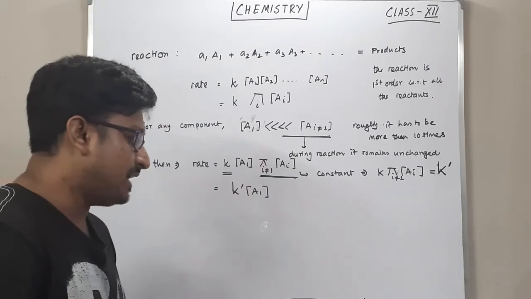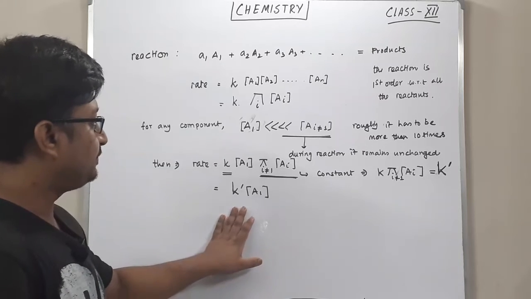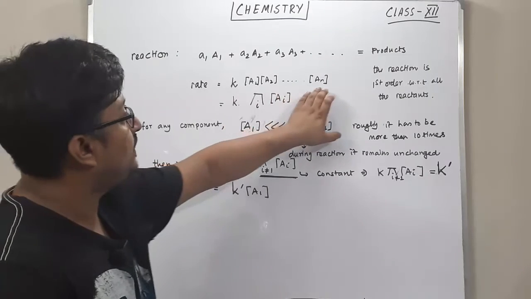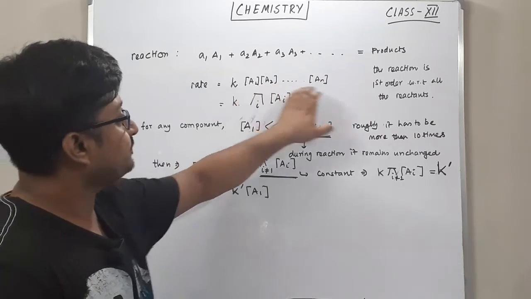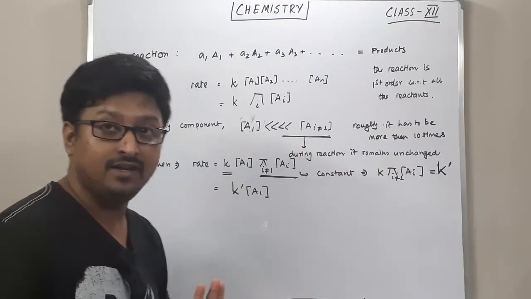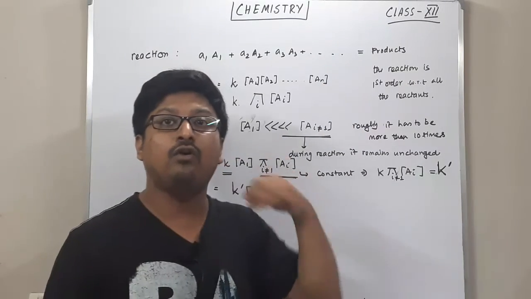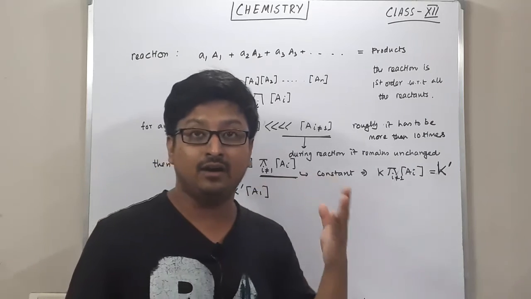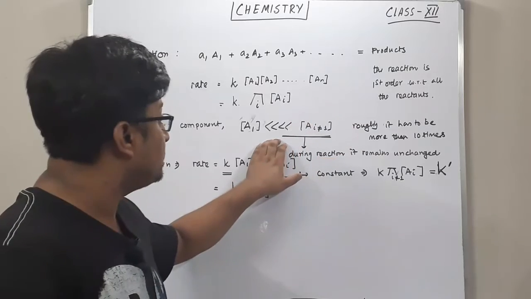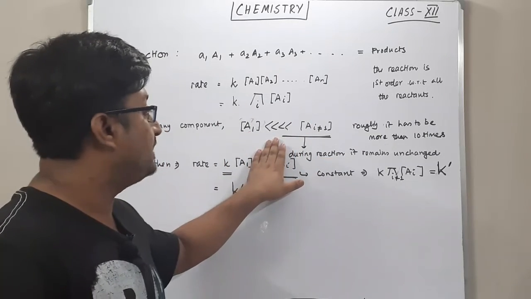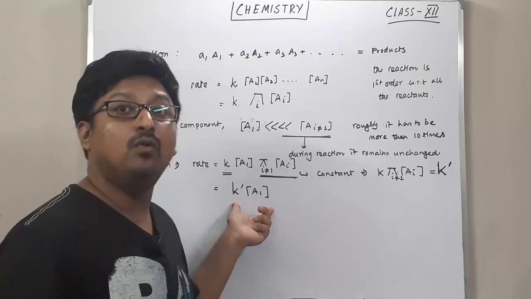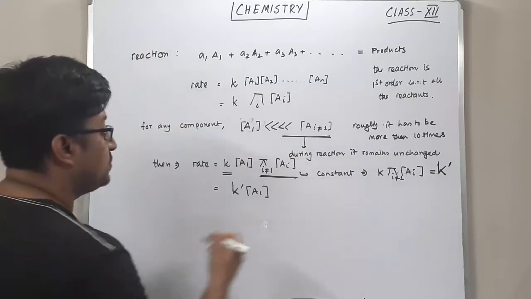Now what is happening here? Although the overall order of the reaction is n, because there are n components, the condition we have used makes it appear that the order of the reaction has changed to 1.